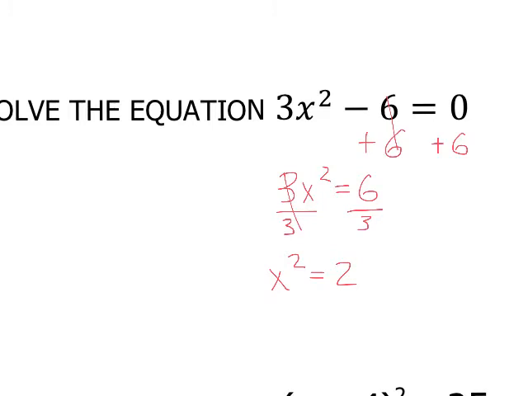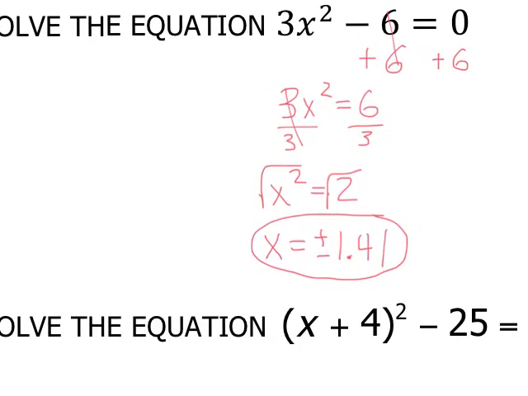I square root both sides. Square root of x squared is x. The square root of 2 is 1.41, so plus or minus 1.41. Remember, every square root has 2 answers, so be careful with that. X equals plus or minus 1.41.